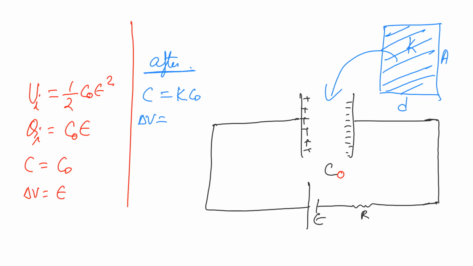How much is the potential difference after the dielectric is inserted? Then what will happen finally? Sir, K E, sir. No, here we have to understand that the battery has nothing to do with the dielectric. Battery can give maximum EMF E only. So this will be E only.